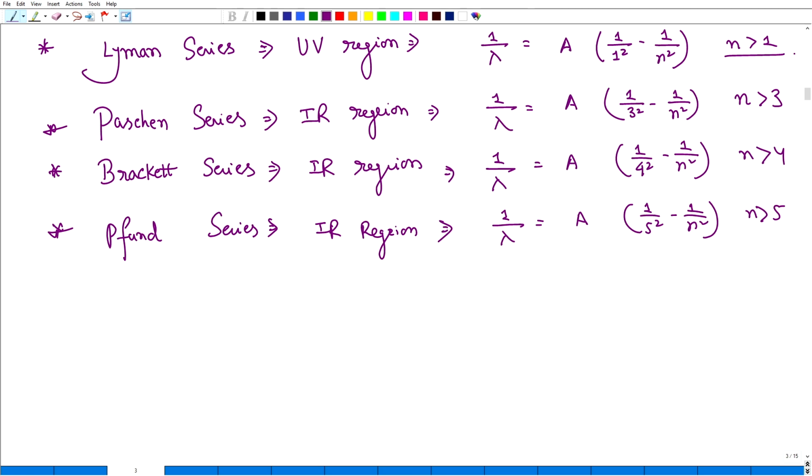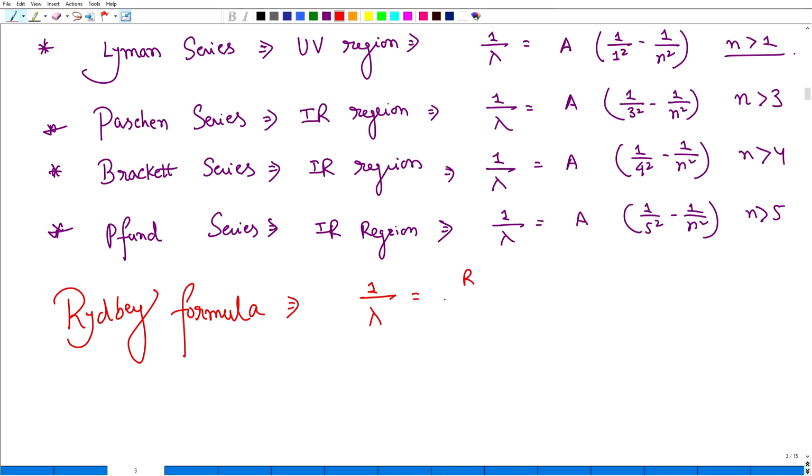After having all these lines, Rydberg gave a general expression, called the Rydberg formula. He generalized all the results. We have discussed this in the last class also.